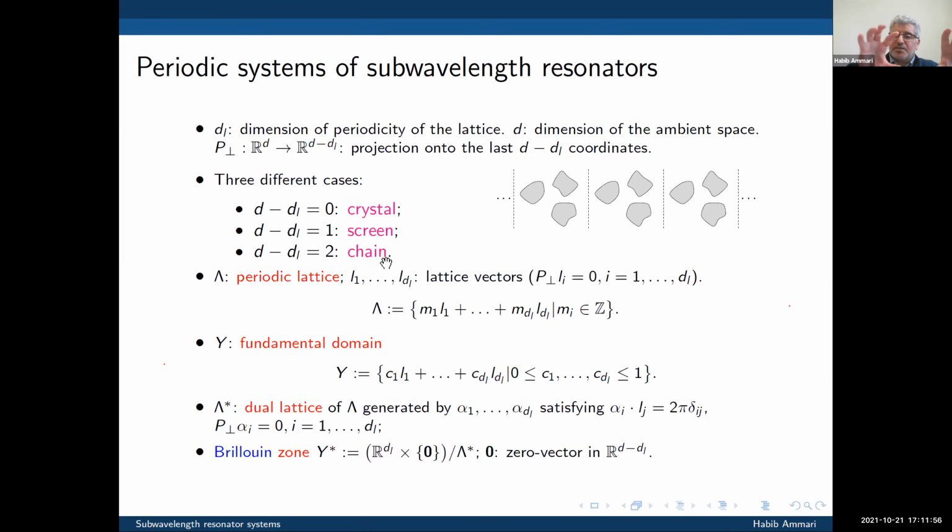It's a chain of resonators: three-dimensional spherical resonators in 3D, made periodic in one direction. This one you take 2, 1 or 3, 2. That's fine. This is a screen, and this one you have to make 2, 2 or 3, 3 to have a crystal. The analysis in each case is the same. Of course, there is a difference between these three cases, but in each class it's the same. Thank you, it's very interesting.